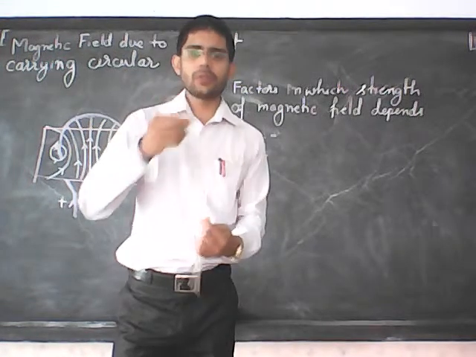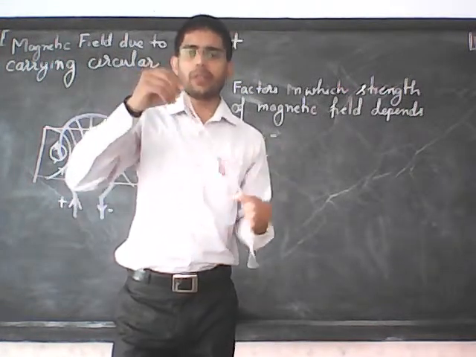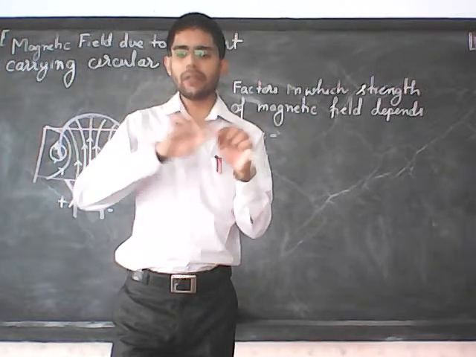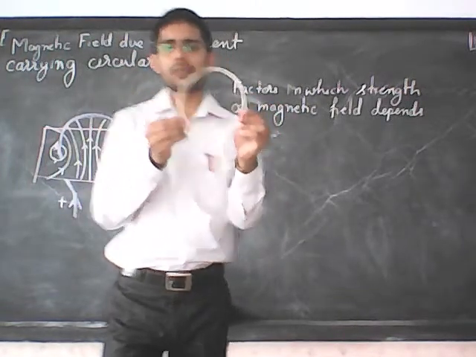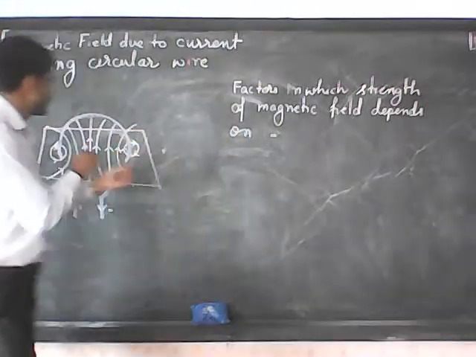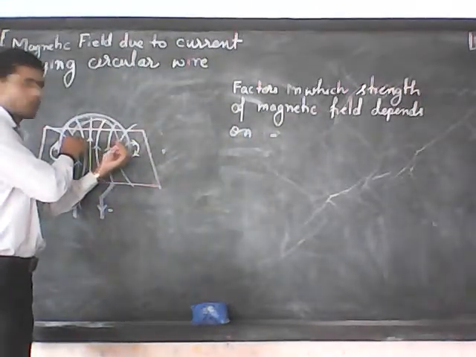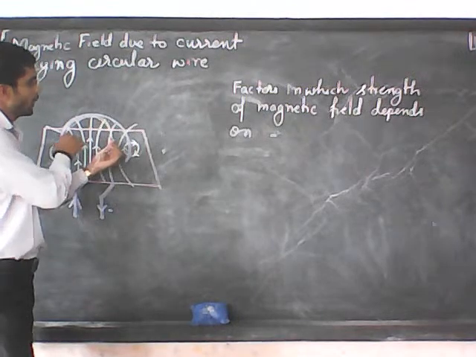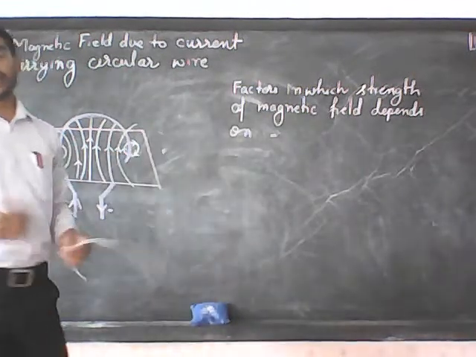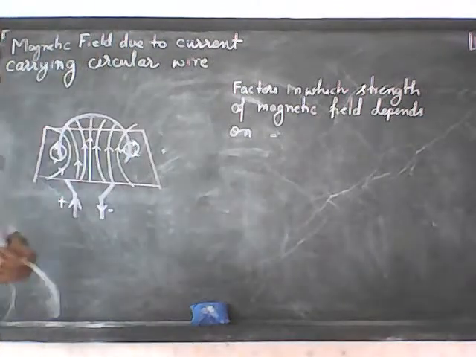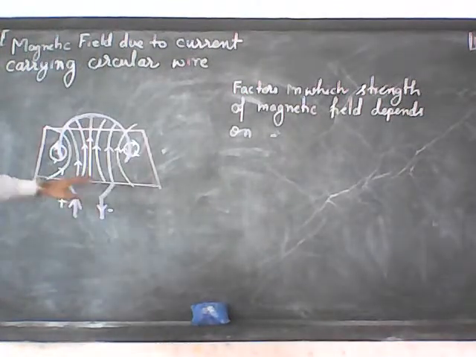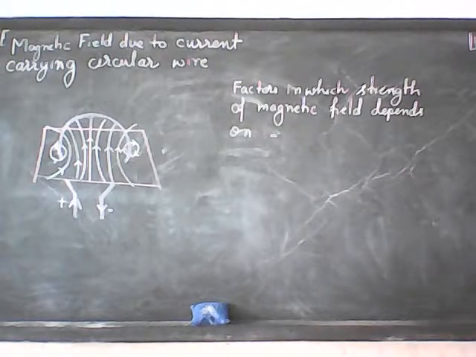Now suppose this wire is not straight, but is in the form of a circular loop, as we can see here. What will be the magnetic field and what will be its direction? How can we know about it? Is this figure clear to you? Is it visible?